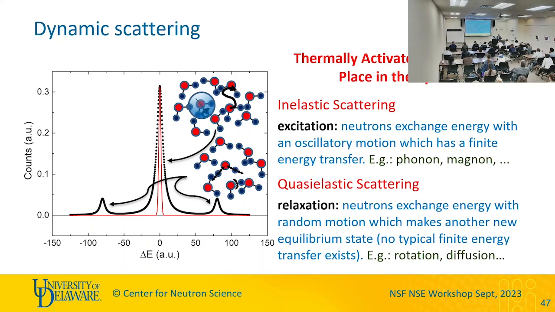So sound wave propagation, that kind of thing, gives you an inelastic peak. There is a specific energy associated with that motion. Instead, the quasi-elastic scattering is related to relaxation, random motion. It's where there is no harmonic signal in your system. The system just moves from one equilibrium position to another equilibrium position. A typical example is diffusion.